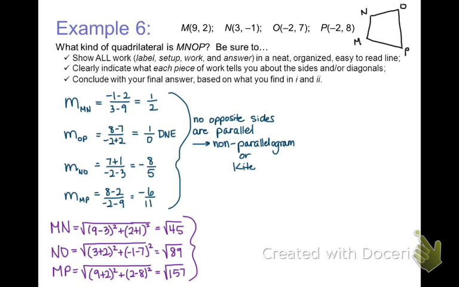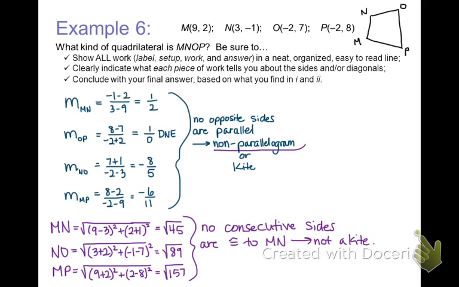So I can say no consecutive sides are congruent to MN. So what does that tell us? It's not a kite. Not a kite. In which case it is a non-parallelogram.